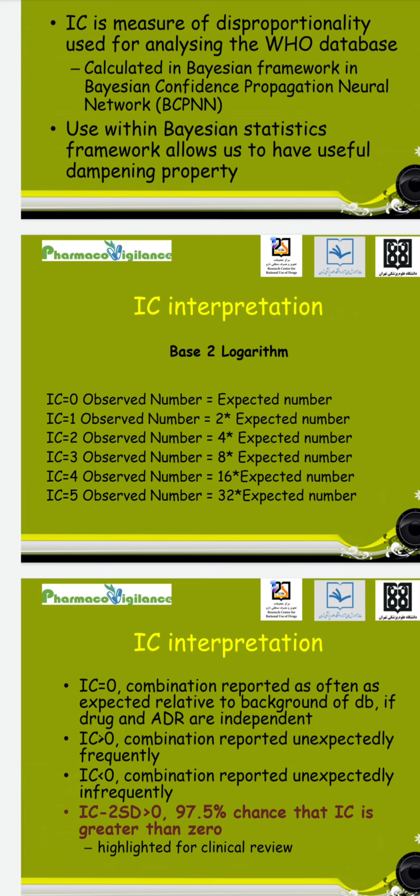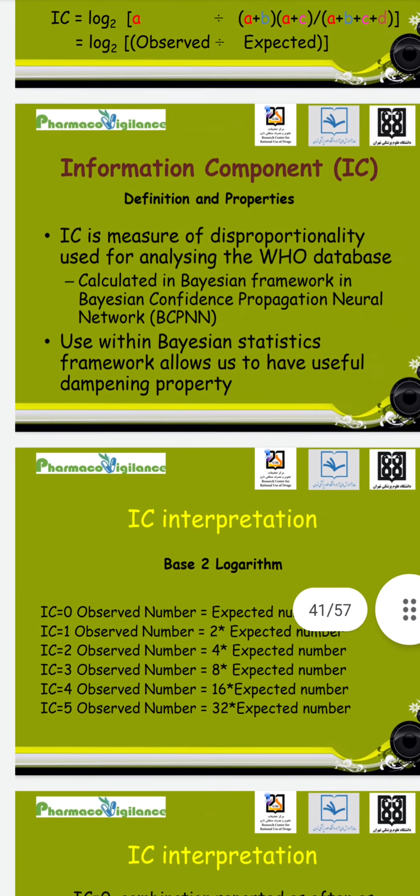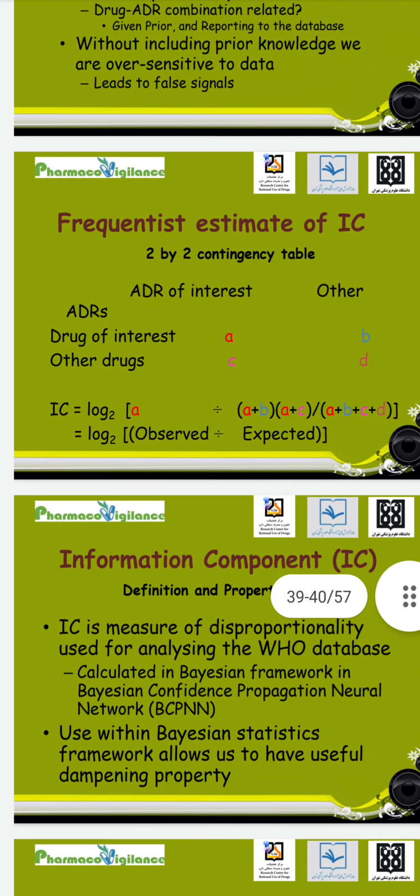If the IC is 4, the observed number is 16 times the expected number. If the IC is 5, the observed number is 32 times. And why? Because it is log base 2 of observed divided by expected, which is A plus B multiplied by A plus C divided by A plus B plus C plus D.